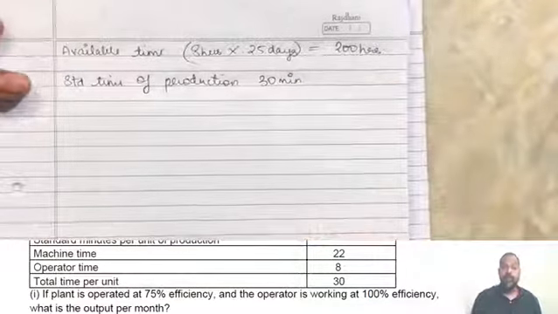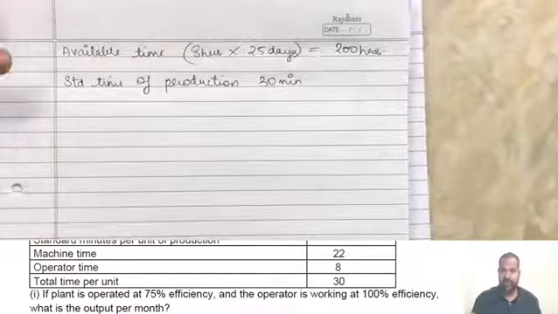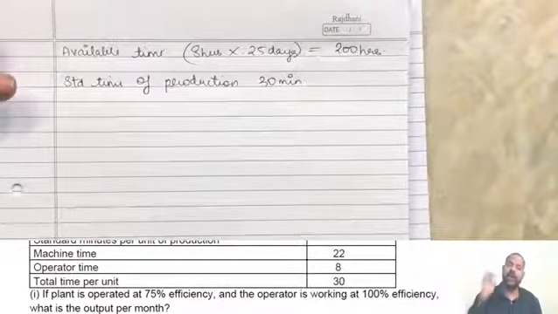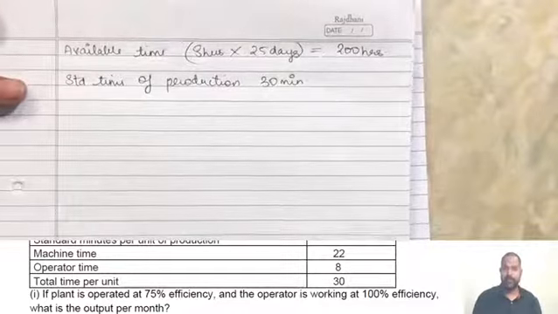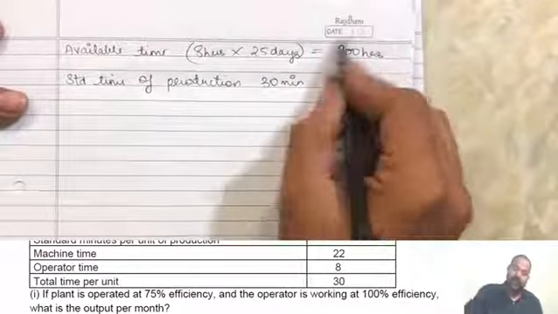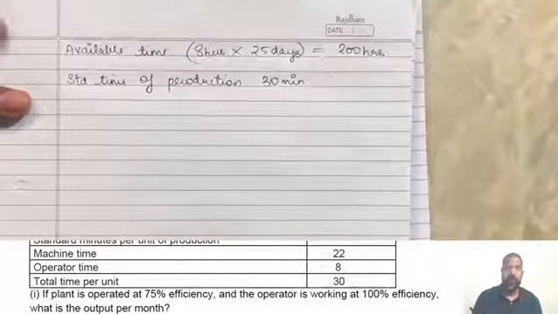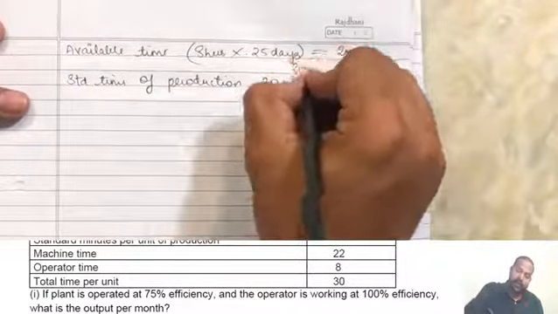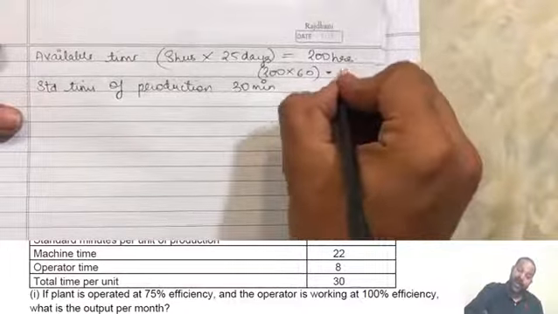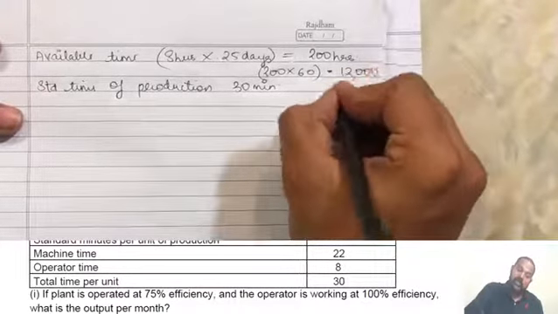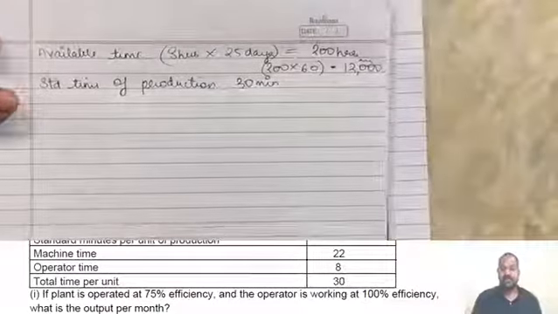If the plant is working at 75% efficiency and the worker is working at 100% efficiency, what is the output per month? See, in a month I have 200 hours available. But what is 200 hours? Well, 200 hours is 200 into 60. 6 2s are 12, which is 12,000 minutes.